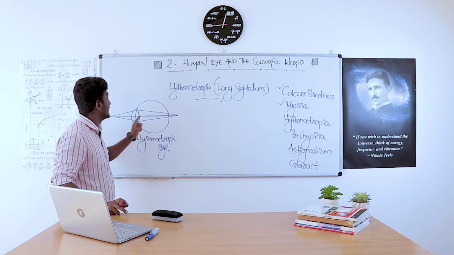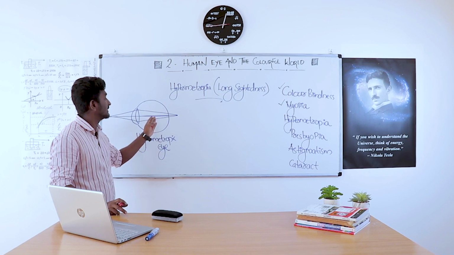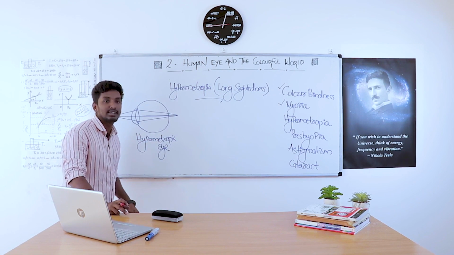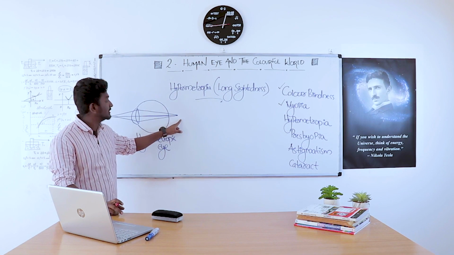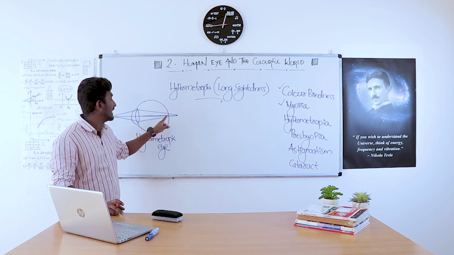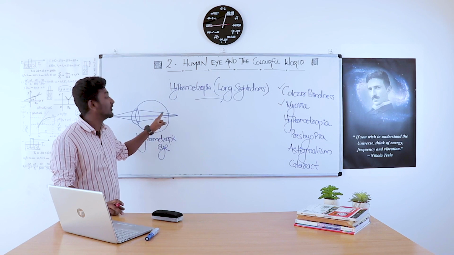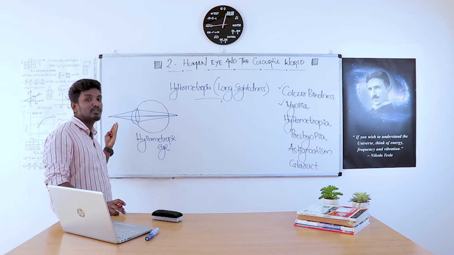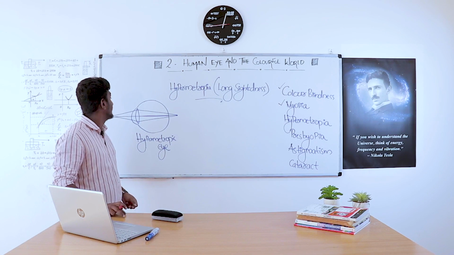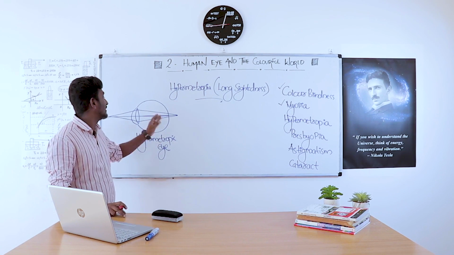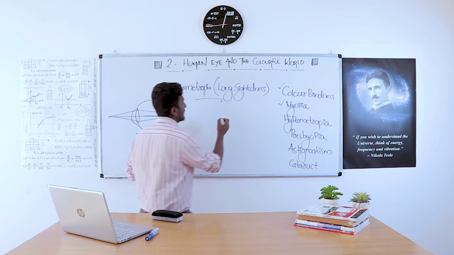But look here, the image is formed behind the retina. So we need to shift this position in the forward direction so that the image is formed on the retina. For moving in the forward direction, we need a converging lens, that is a convex lens. So we can use a convex lens of suitable power for correcting this hypermetropia.